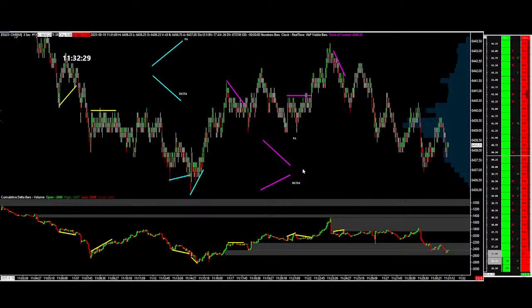It makes sense because if price is going down but delta's going up, it means that buy orders are hitting the market, but the sellers are absorbing them. They're eating them. They're just recycling. They're eating those buy orders and puking them out because they're stronger.